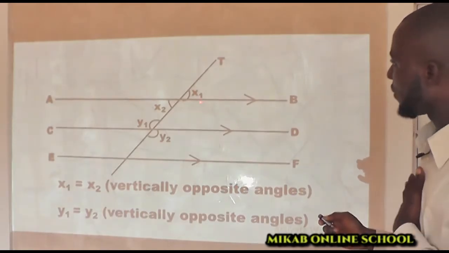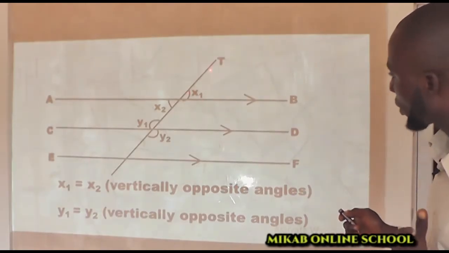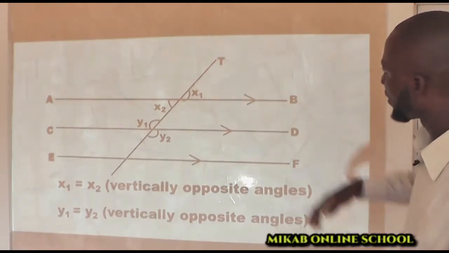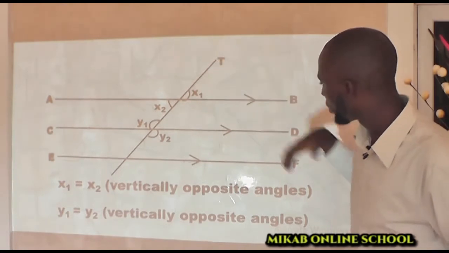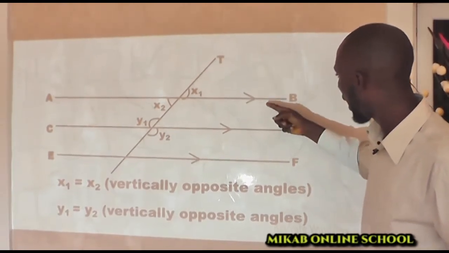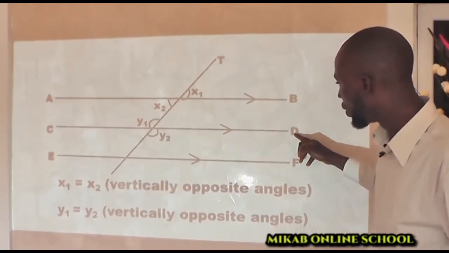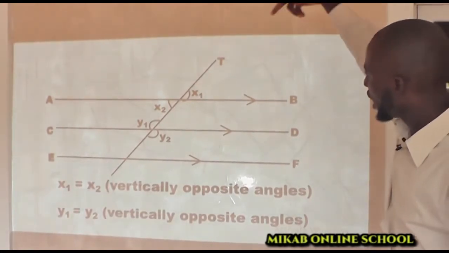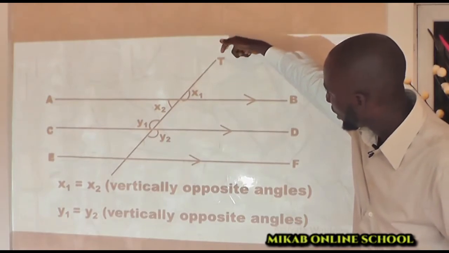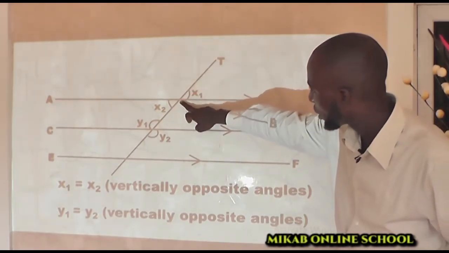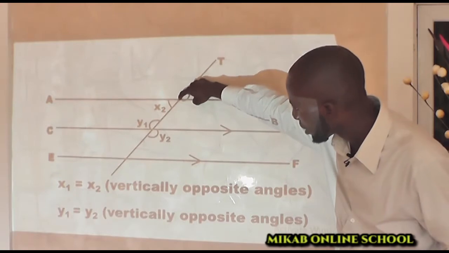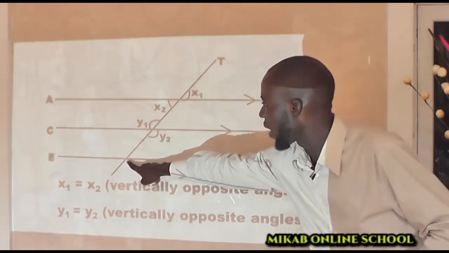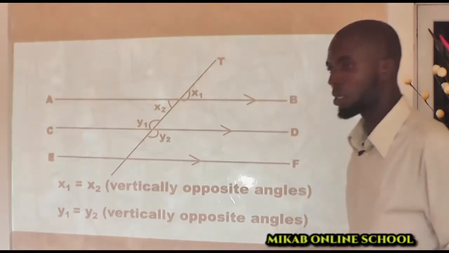In the case of vertically opposite angles, we shall consider this diagram where we have the transversal T, and we have the parallel lines AB, CD, and EF. The transversal line T cuts AB at this point, CD at this point, and EF at this point.